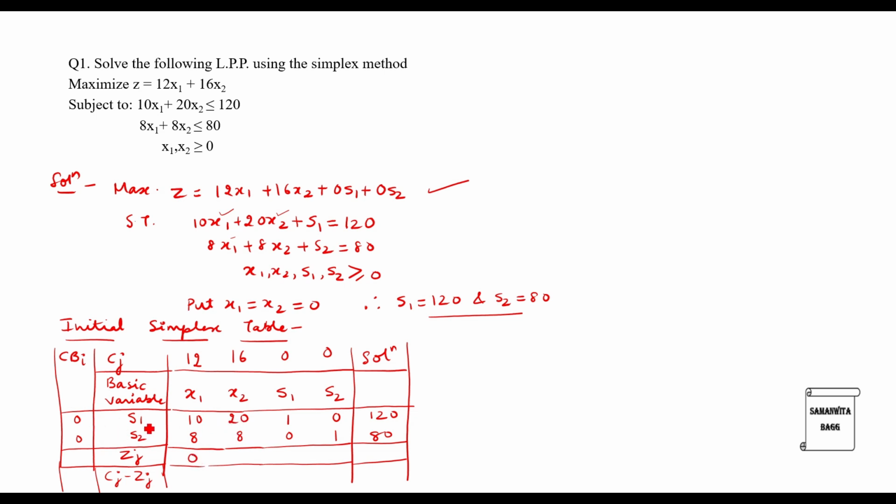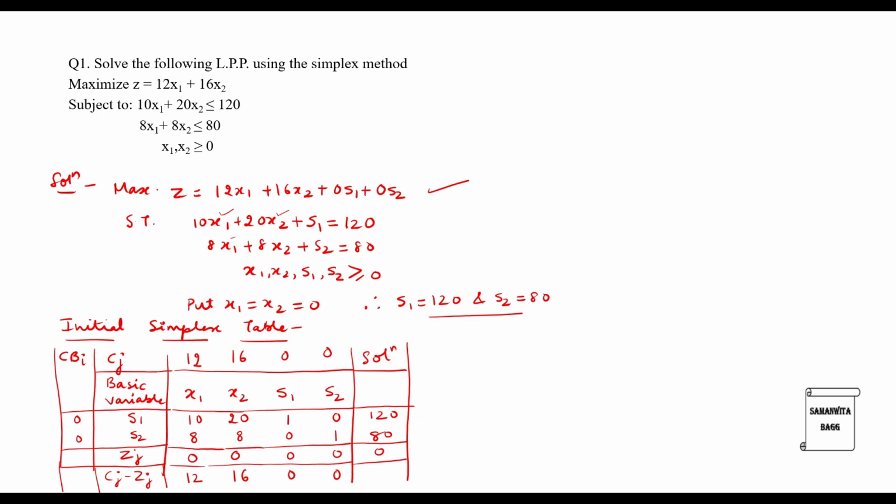Similarly, you will multiply 20 into 0 plus 8 into 0, 0. 1 into 0 plus 0 into 0, 0. This is 0 and this is 0. All of them you will multiply and add. Next, Cj minus Zj. It is 12 minus 0, 12. 16 minus 0, 16. 0 minus 0, 0 minus 0. So we have calculated all these values.